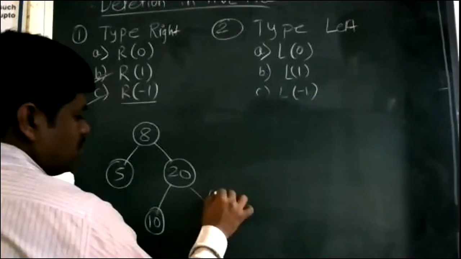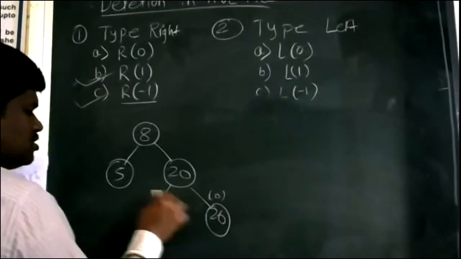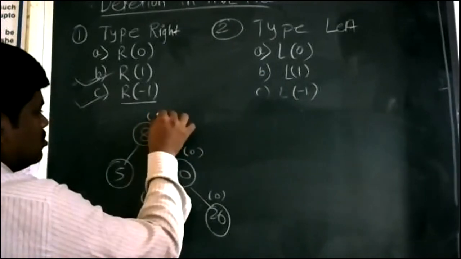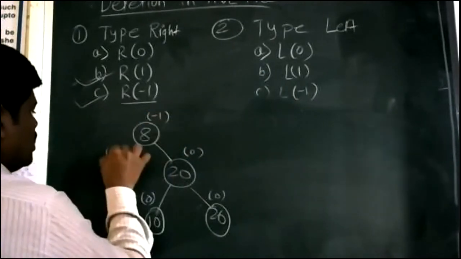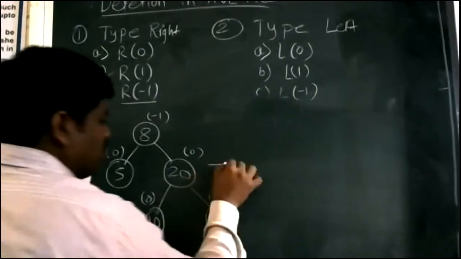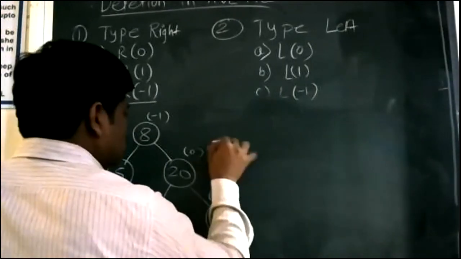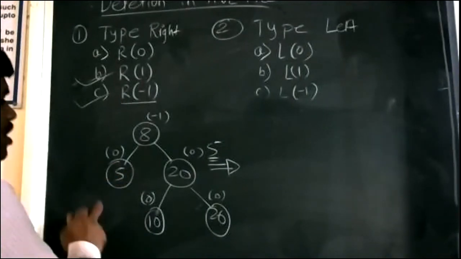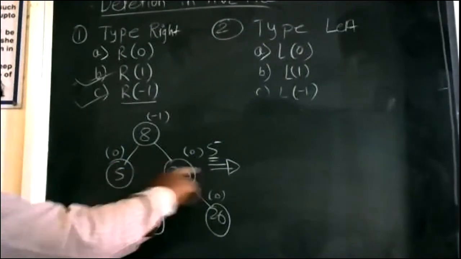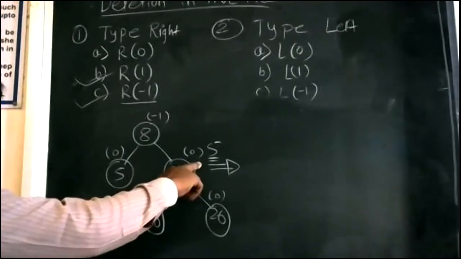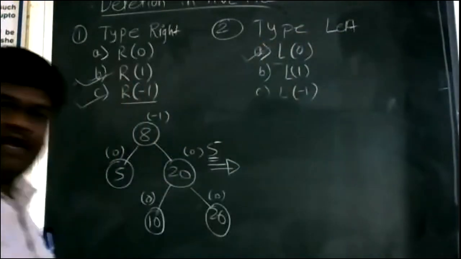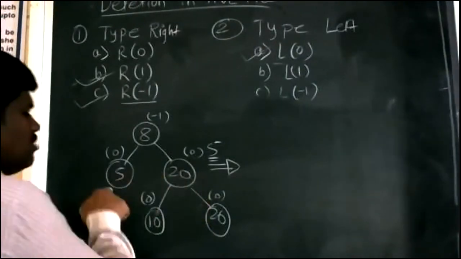Now what is the balance factor of 20 here? -1, and here 0. Now I want to delete the 5. 5 is the left element. Now what is the balance factor at the same level on the right side? 0. It will come under L of 0. Now delete the 5.